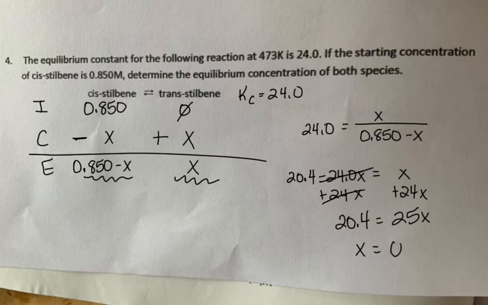So for X, I get 0.816. I'm not finished yet because the equilibrium concentration of trans-stilbene, that's X. It's 0.816 molar. But the cis-stilbene, I have to plug that in, and it's 0.034 molar.